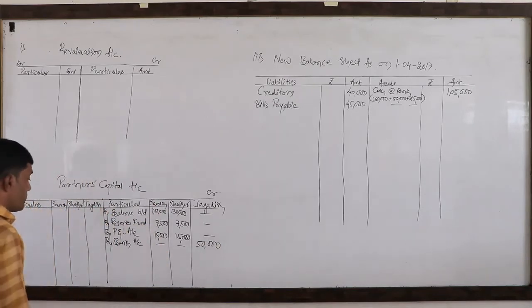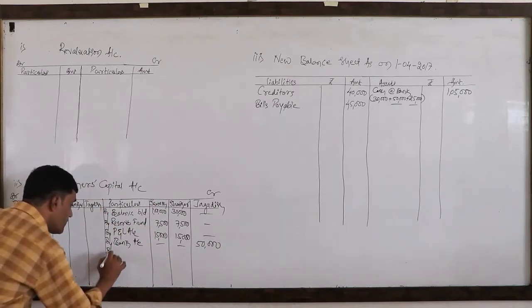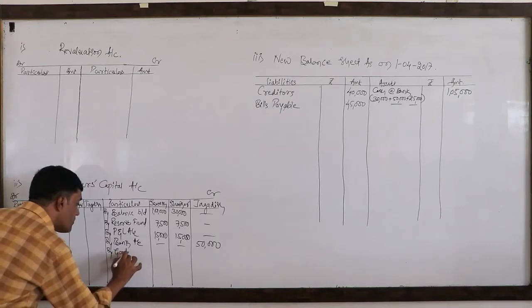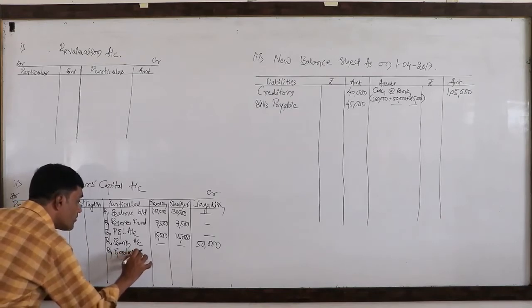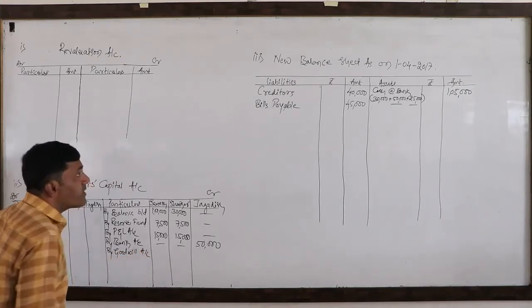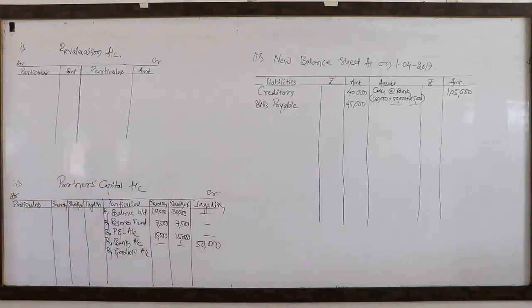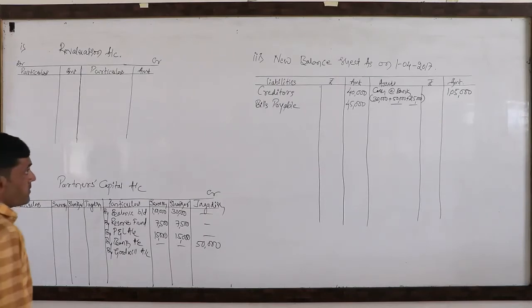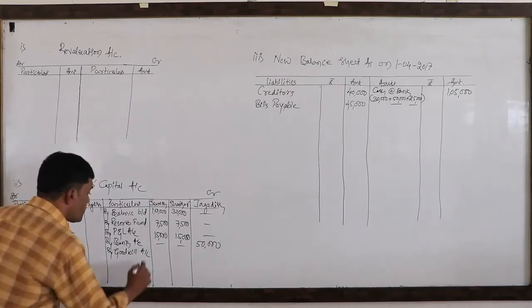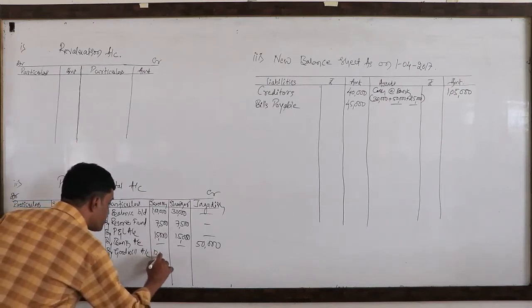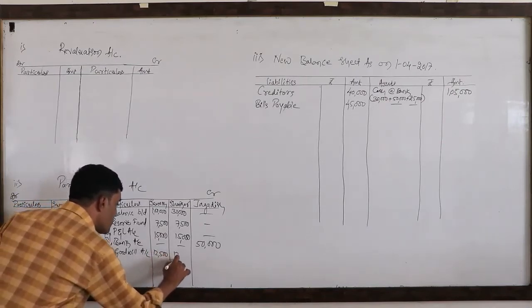Goodwill is 25,000, by goodwill. The incoming partner has brought rupees 25,000 for the sake of goodwill. That amount is to be distributed among the old partners in their old ratio, that is 1:1. 25,000 is to be distributed, rupees 12,500 each.